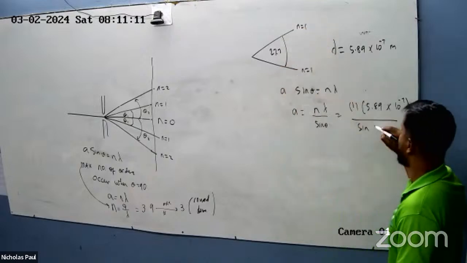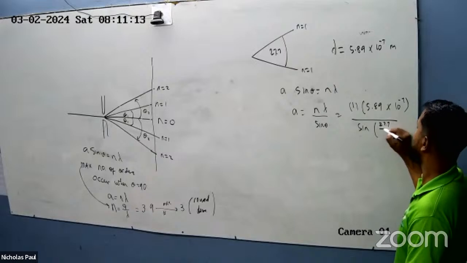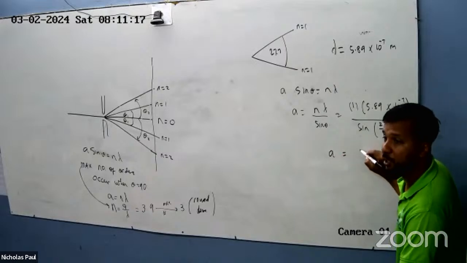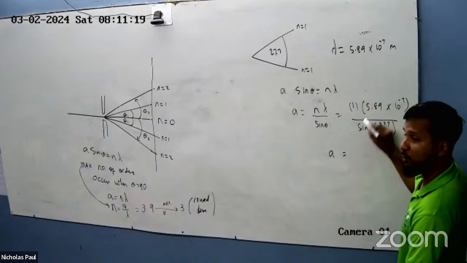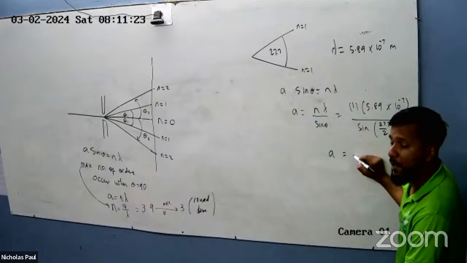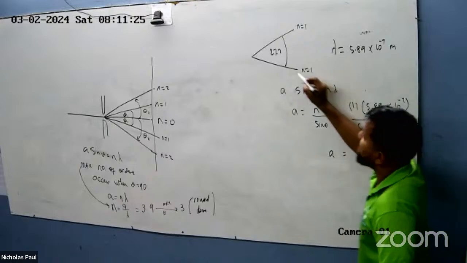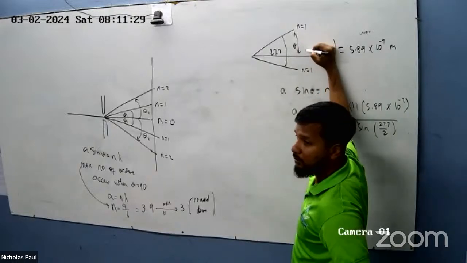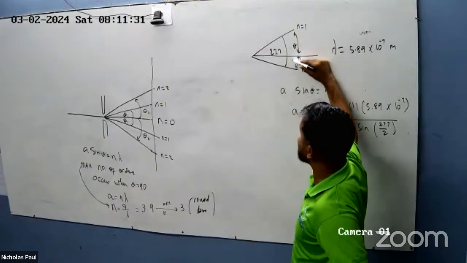We divide by 2. Remember, theta is here, but this is 2 theta.